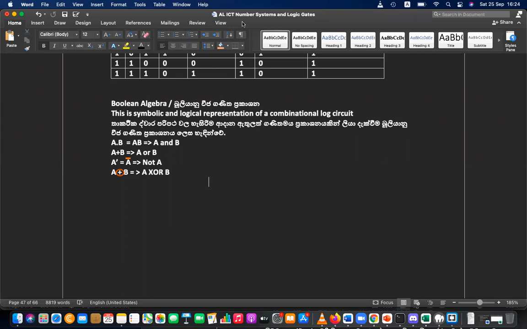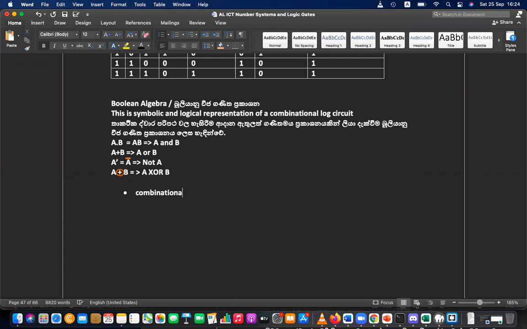So combinational logic means, I think you can remember what combinational logic is. I'll write a special point here. This is from last week actually.